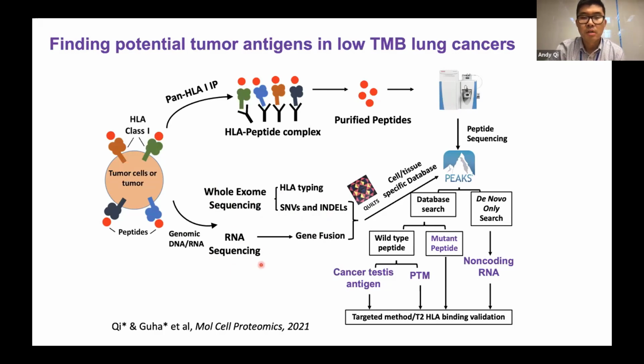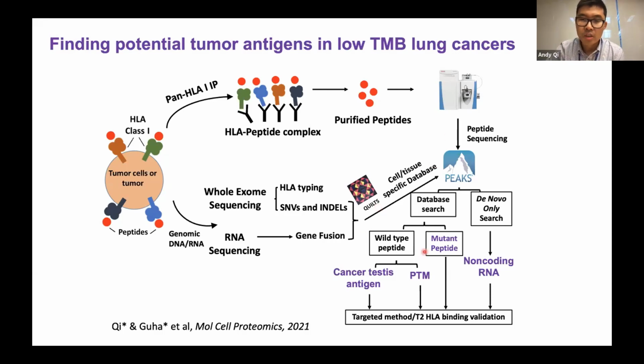And from RNA-seq data we call gene fusions. We use an informatic tool developed by David Fenyö at NYU. This is a really useful tool that can do in silico translation from your RNA or DNA sequencing file directly to a protein FASTA file.